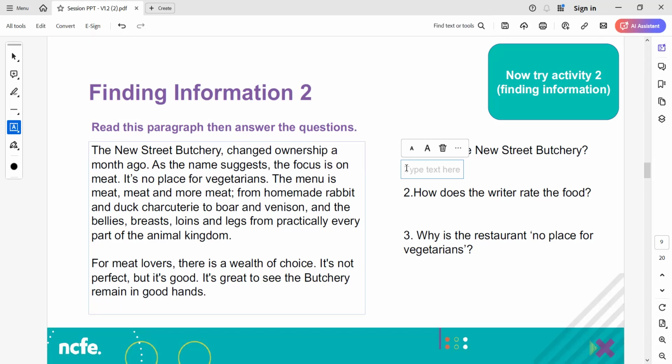It's asking you to infer. So that means you're looking for clues in the text to answer the question. In the text, it doesn't say the New Street Butchery is, and then give you the answer, but there are clues in the text to tell you what type of place the New Street Butchery is. What do you think it is?